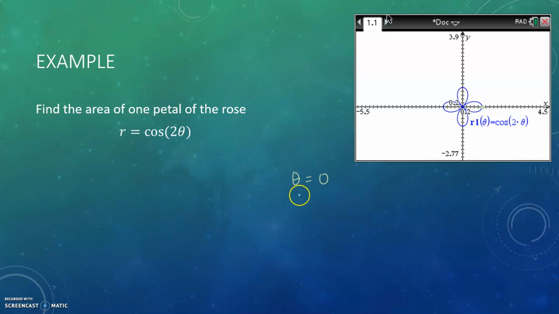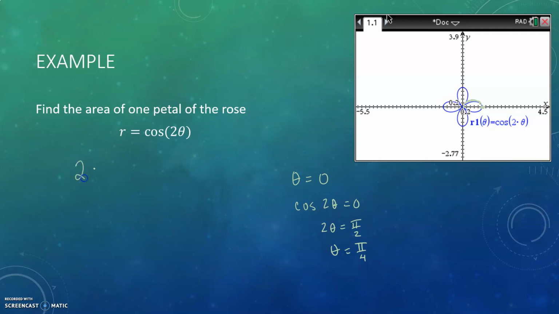The next time we get to the origin from there, we sweep out this much, that would be when cosine of 2 theta is equal to 0, or when 2 theta is equal to pi over 2. So when theta is equal to pi over 4. And so if we sweep out from 0 to pi over 4, we would get half of a petal.